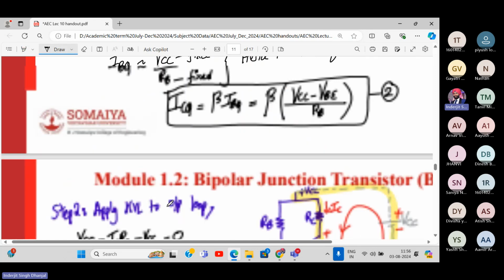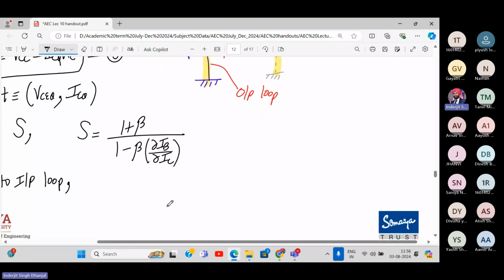Let me quickly draw the input loop which we are applying. This is plus VCC, RB, RC. See this, we are applying the KVL in this loop like this. This is plus minus VB.